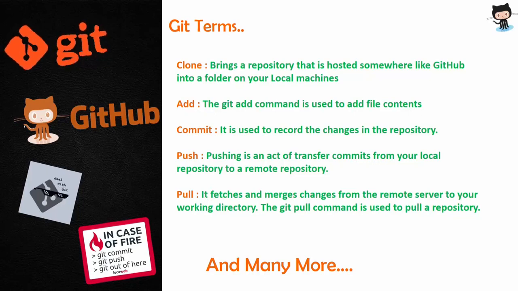It fetches and merges changes from the remote server to your working directory, that is the local repository. Now basically the git pull command is used to pull a repository. You will pull the repository, you will commit some changes and then you will push it back to the remote repository.